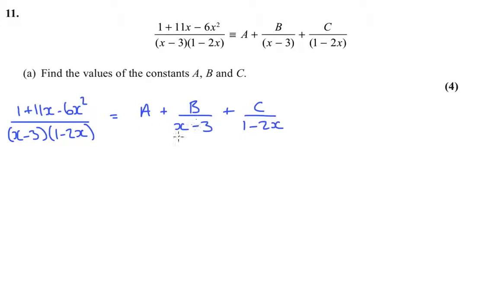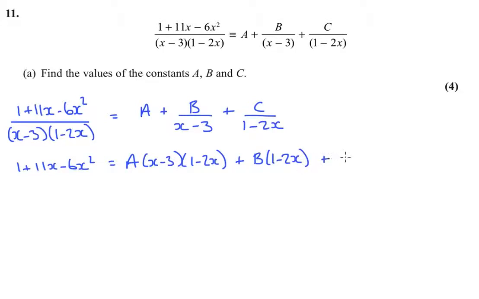Okay, so as with all partial fractions questions, we're going to times both sides by the denominator. Just makes it easier to work with. So that's going to give us A times both brackets. It's going to give us B times the 1 minus 2x bracket, and it's going to give us C times the x minus 3 bracket.